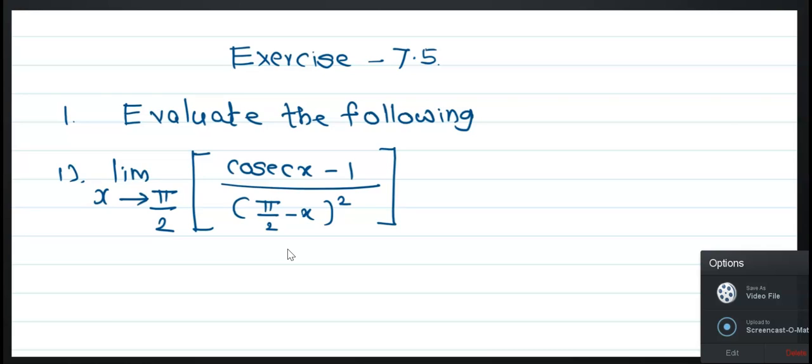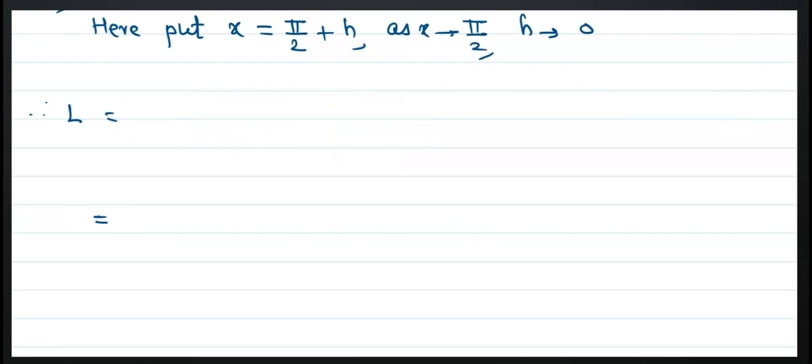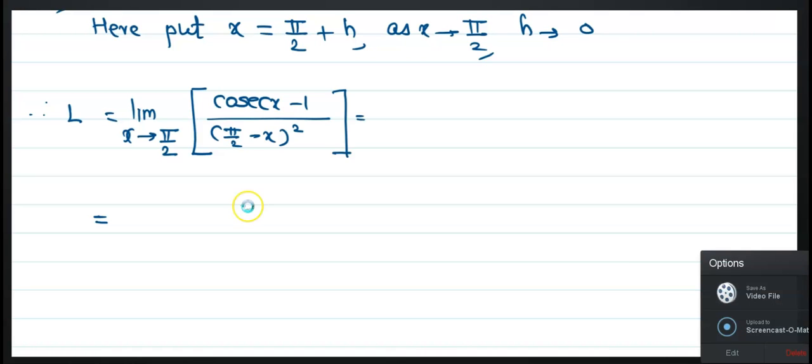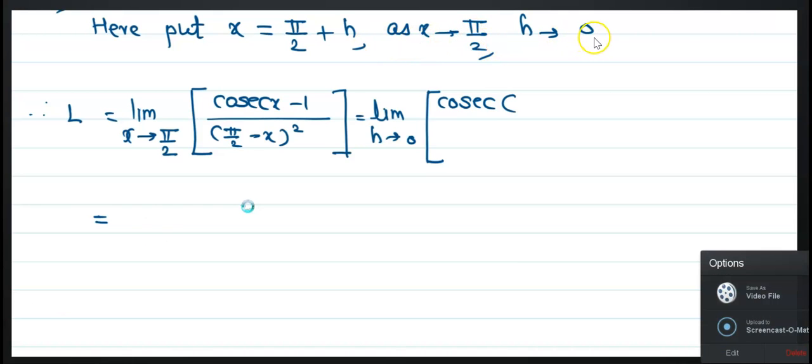That is, the substitution is x is equal to pi by 2 plus h. Put x is equal to pi by 2 plus h, as x tends to pi by 2, h tends to 0.